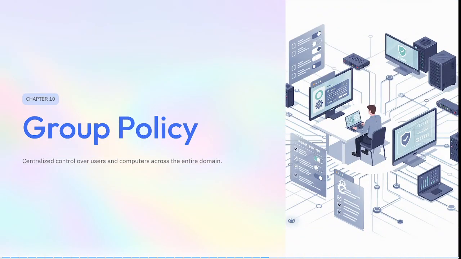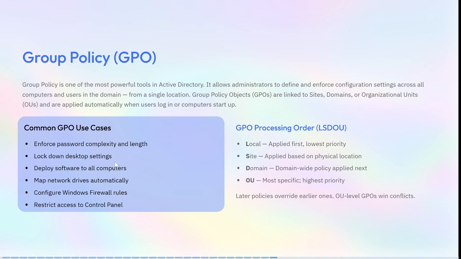Group policy. The group policies we are using for centralized control over users and computers across the entire domain. Group policy object: group policy is one of the most powerful tools in Active Directory.